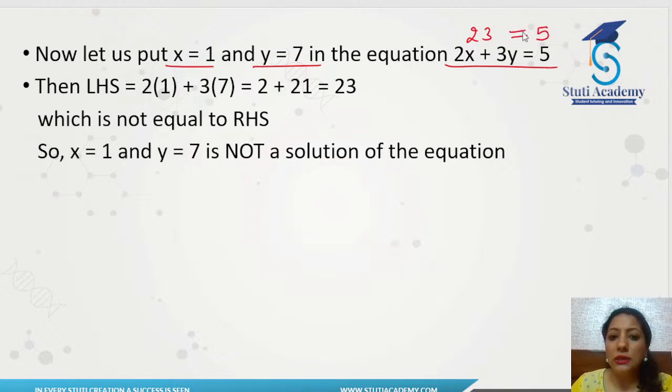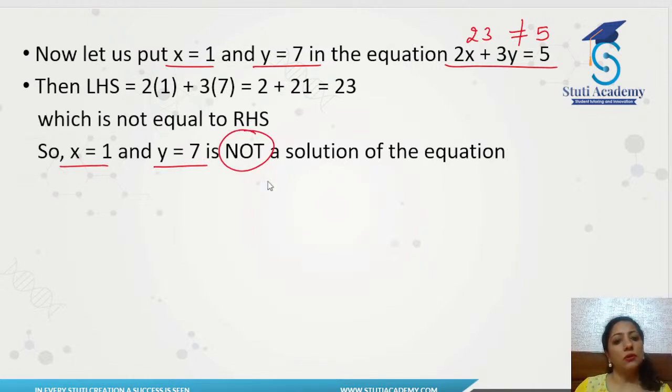So they are not equal. LHS and RHS are not coming out to be equal when you put 1 in place of x and 7 in place of y. So x equal to 1 and y equal to 7 is not a solution of the equation. Solution of the equation means those values of x and y which are going to make the LHS and RHS equal for an equation.